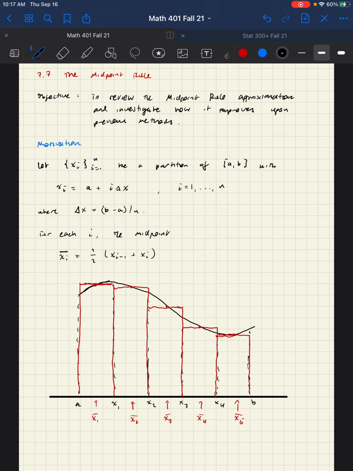In this case now, we should have both overestimate and underestimate on either side, because if we're approximating using the midpoints, that means we're looking for a function value that most likely is going to be in the middle of these values. So what I'm shading now is the error this time.